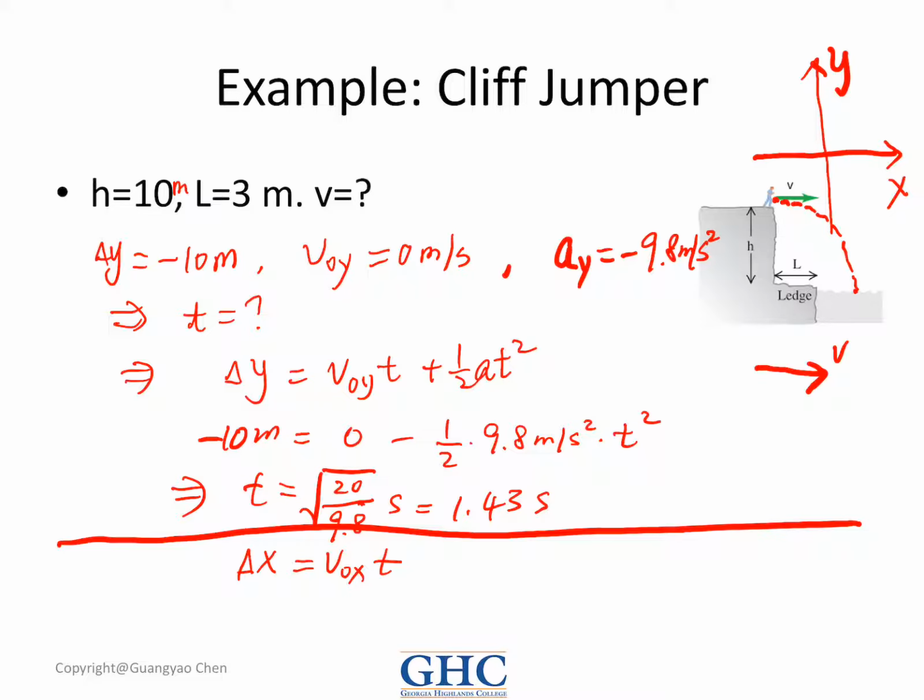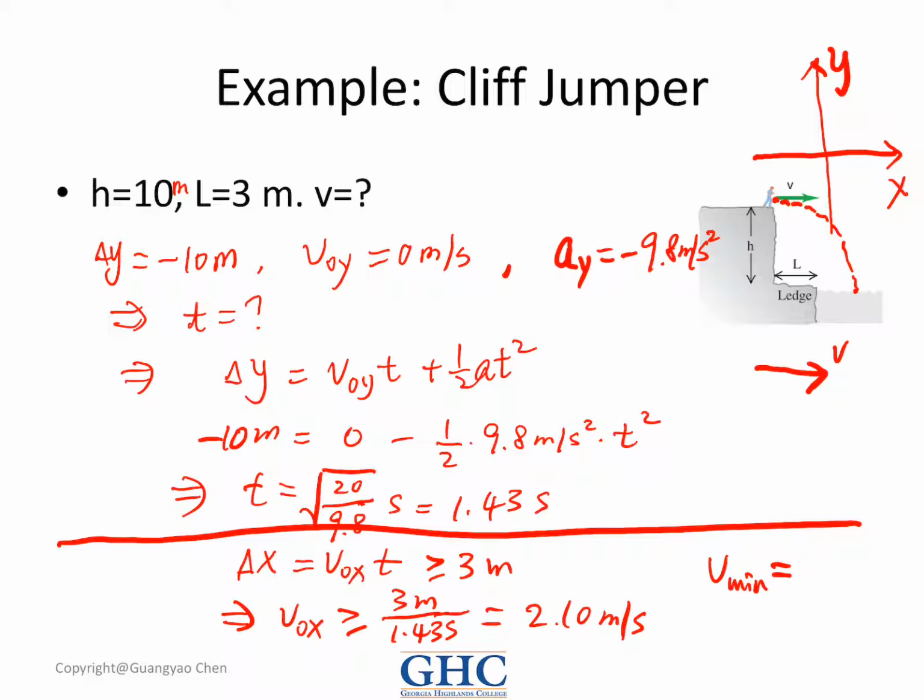You want x to be greater than or equal to 3 meters, so v0x is greater than or equal to 3 meters over 1.43. This is 2.10 meters per second. So the minimal velocity required for him to jump into the water is 2.10 meters per second.